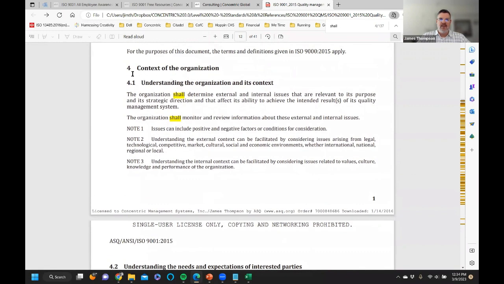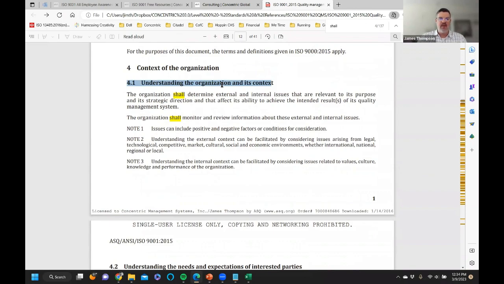4.1, the whole premise of this major clause section is to determine and define what the context of your organization is. Side note, I think 4.4, 3, 2, and 1 would be a better order.